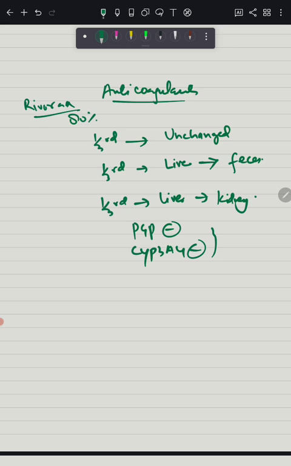What the rivaroxaban dose is: 20 mg OD if creatinine clearance is more than 50 ml per minute.